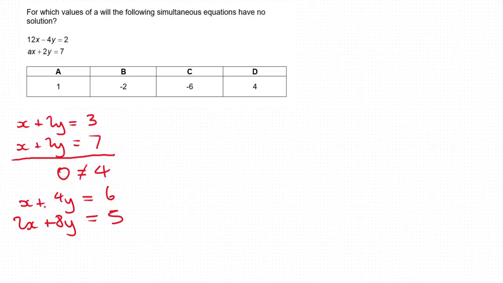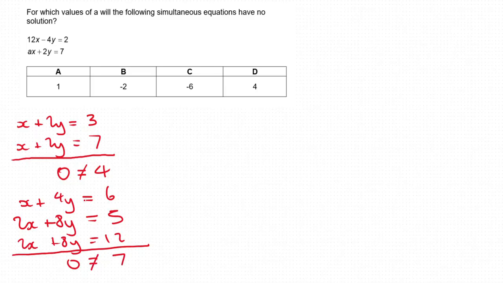Obviously, if I subtract, I'm just going to get an x and a y term. But if I multiply the top by 2, then I'm going to get 2x plus 8y equals 12. And I end up with the same scenario, don't I? I end up with naught equals a number.